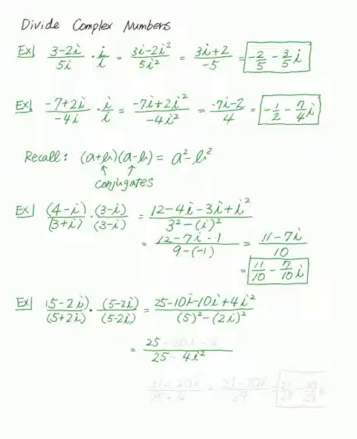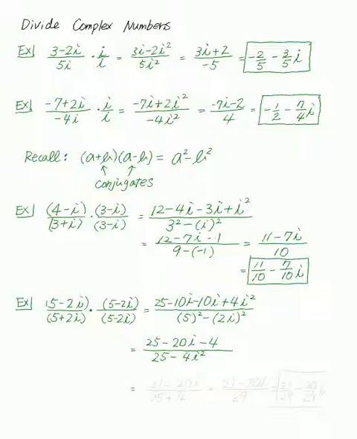I'm going to combine my like terms to get negative 20i. And the plus 4i squared becomes minus 4, because the i squared is negative 1, so it changes the sign. Down below I have 5 squared, which is 25, minus 4i squared. Don't forget to square the 2. It's not just the i that gets squared.